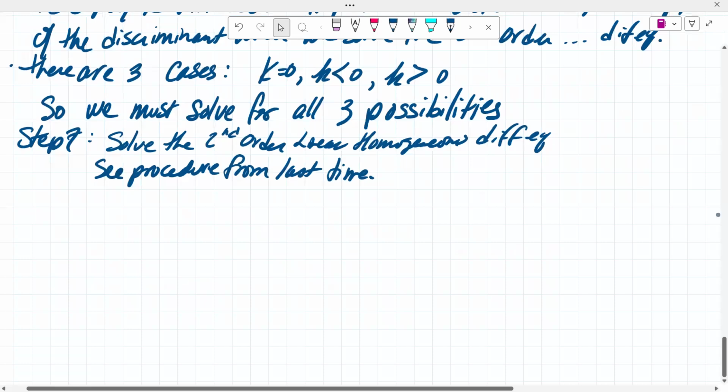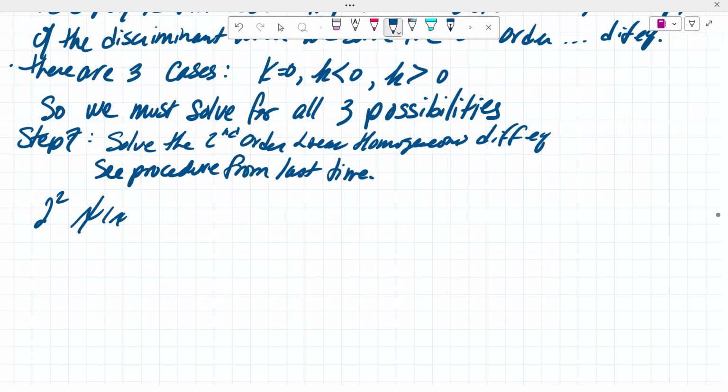So we're going to start off like this. d squared X of x over dx squared minus k X of x equals 0. Right, this is from above.